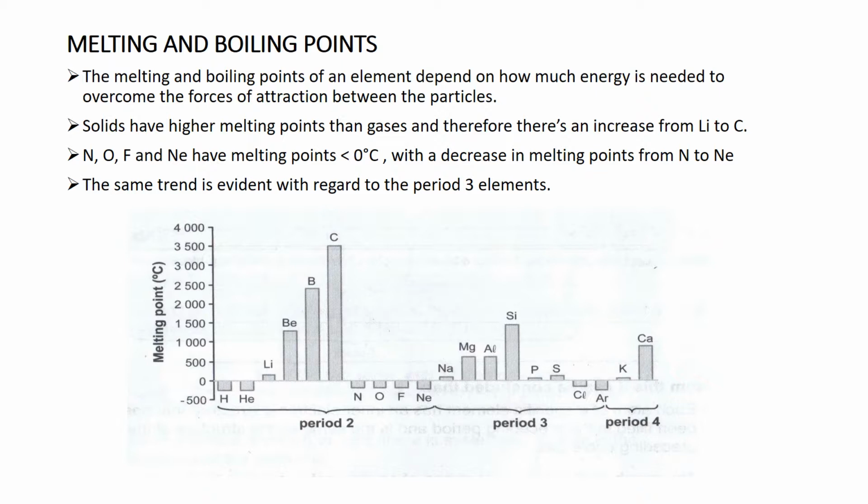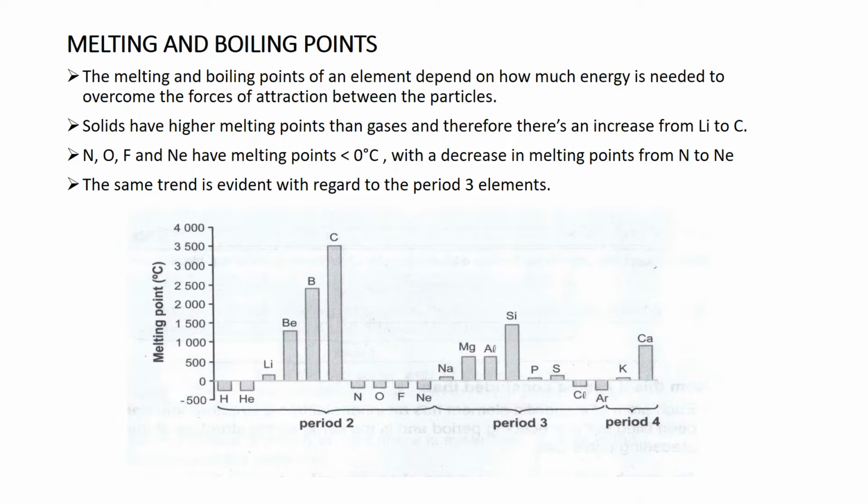That is a well-known fact. So solids have higher melting points than gases, and therefore there's an increase from lithium to carbon. Nitrogen, oxygen, fluorine, and neon have melting points that are less than 0 degrees Celsius, with a decrease in melting points from nitrogen to neon.